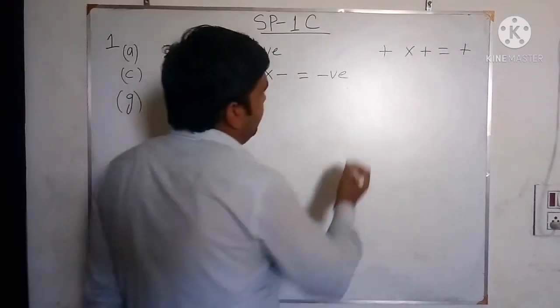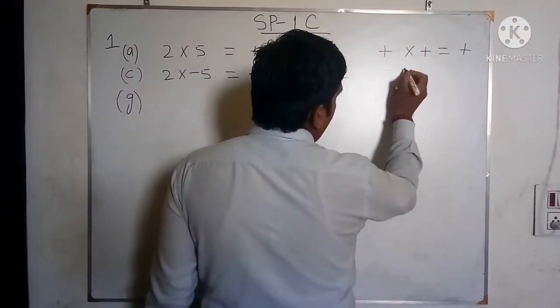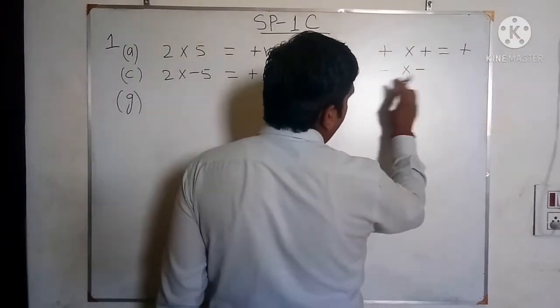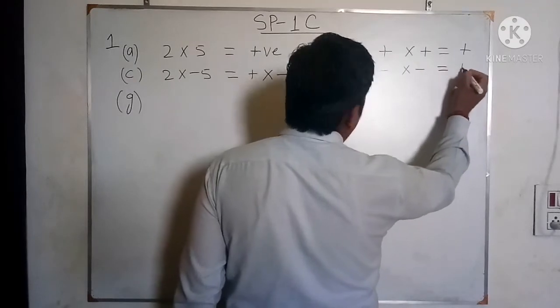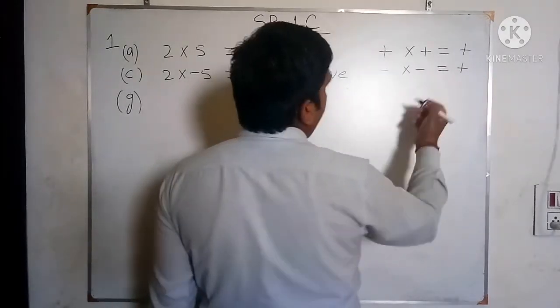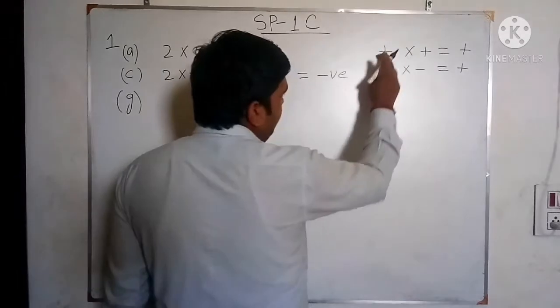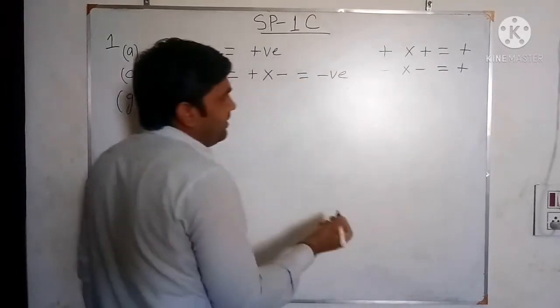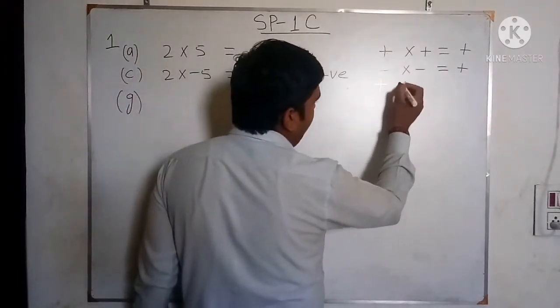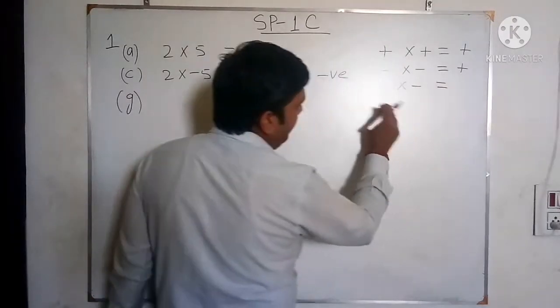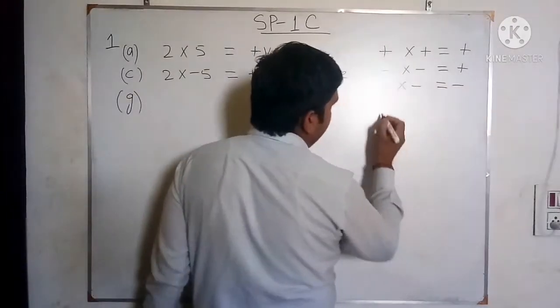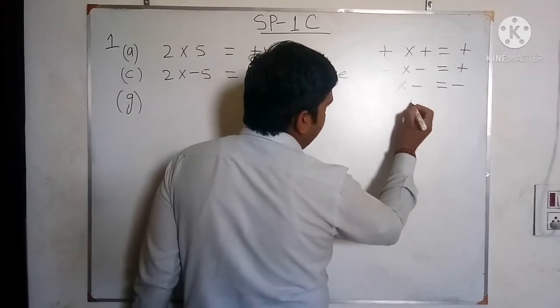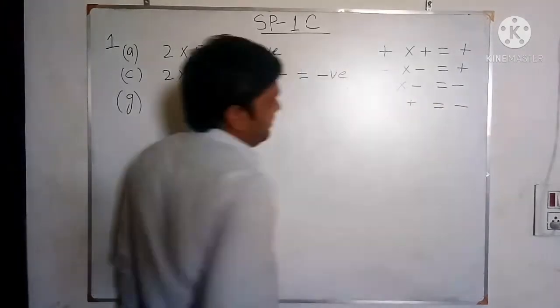The product of two negative integers always gives the positive. That is the two like signs. And the product of two unlike signs, meaning one positive and the other negative, will give negative. Minus multiply plus will give minus.